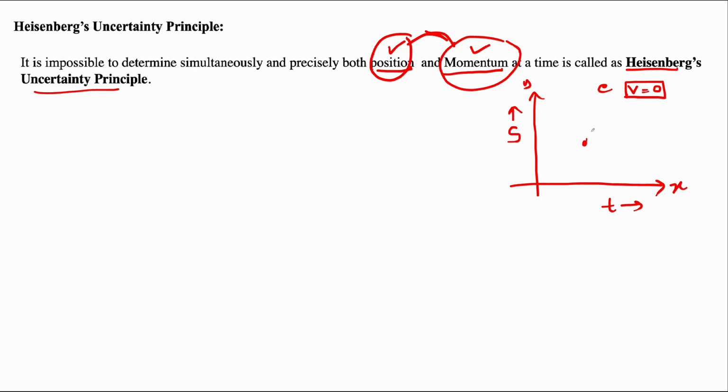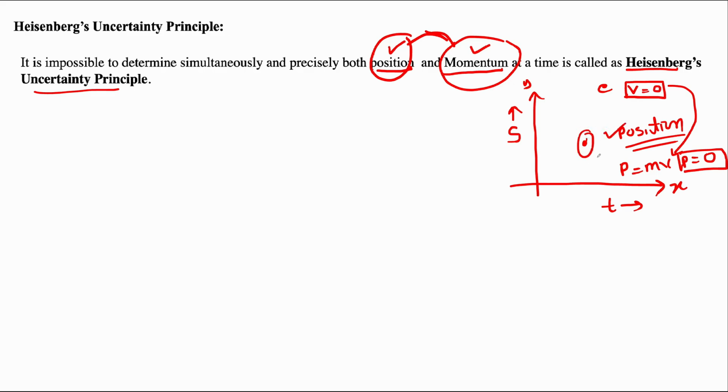That means it is possible to find out the position exactly, where the momentum p is equal to mass into velocity, where velocity is 0. That means p is equal to 0. So then we can find out the position of the electron.